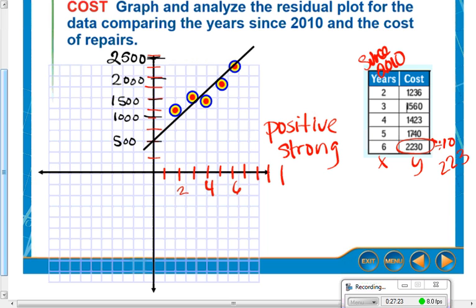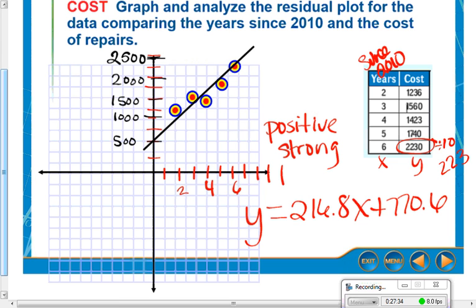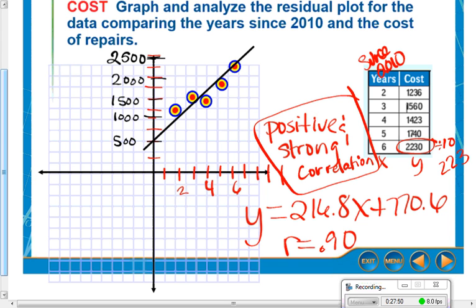And when we look at our equation, y equals 216.8x plus 770.6, okay, with an r, a correlation coefficient, of 0.9. Okay, well, first of all, we predicted that it has a positive and strong correlation. Does our number from the calculator agree with that? Yeah, 0.9 is really close to 1, and it's positive. So yes, positive and strong correlation.